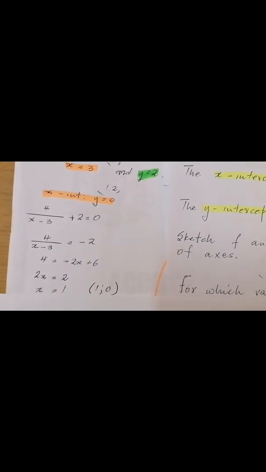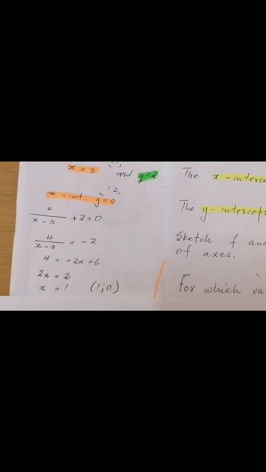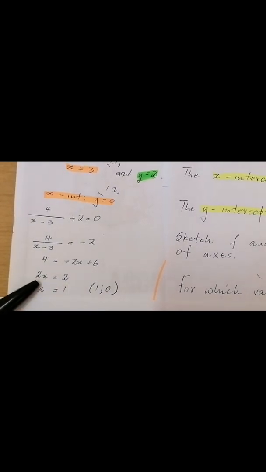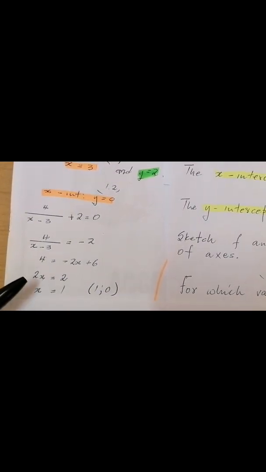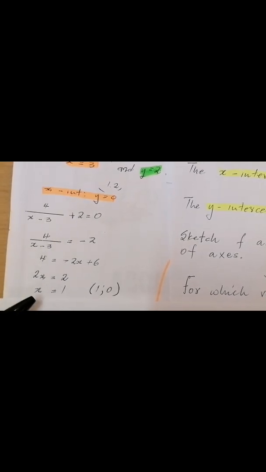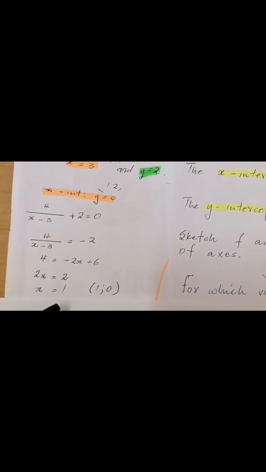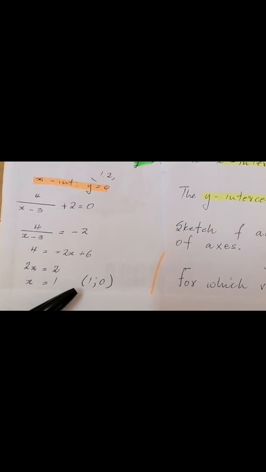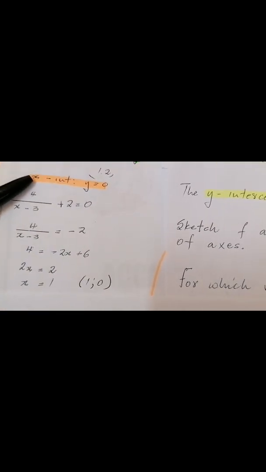Now we have to solve for x by dividing both sides by 2, because we don't want 2 times x, but we rather want x. x would be equal to 1. The x-intercept of the hyperbola is at (1, 0).